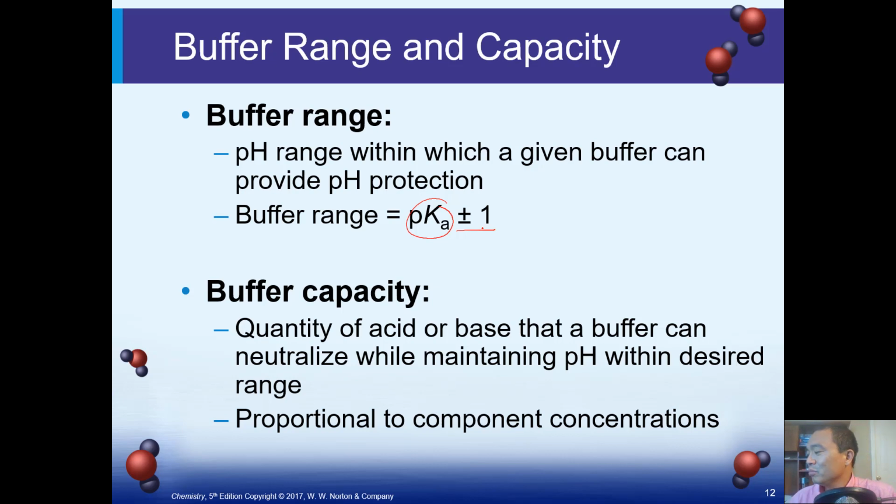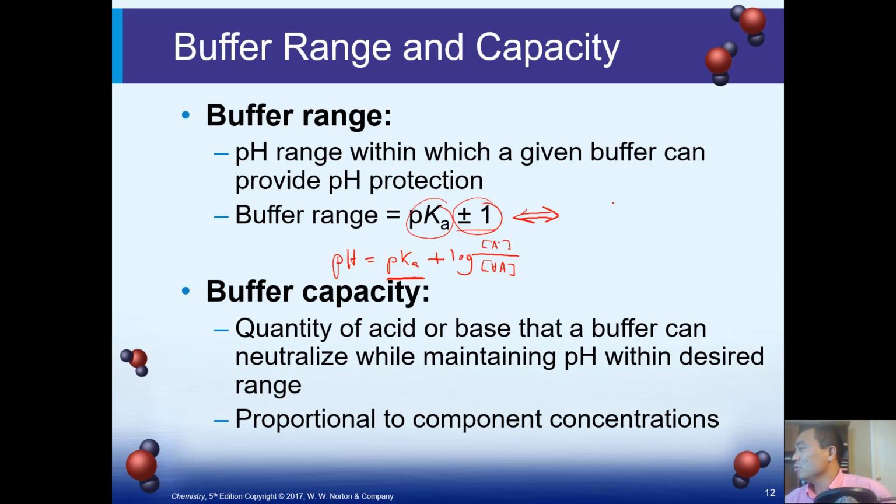Do remember, because pH is pKa plus log the base component divided by acid component, and since the buffer range is plus or minus 1 of pKa, this is the same as saying neither concentration should be 10 times larger than the other one.